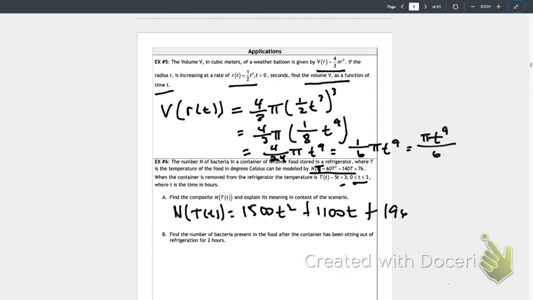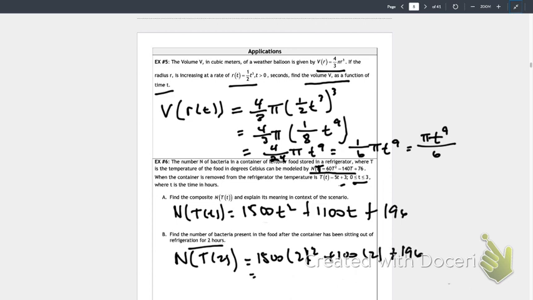This says find the number of bacteria in the food after the container has been out of the refrigerator for 2 hours. So N of T of 2 equals 1500 times 2 squared plus 1100 times 2 plus 196.